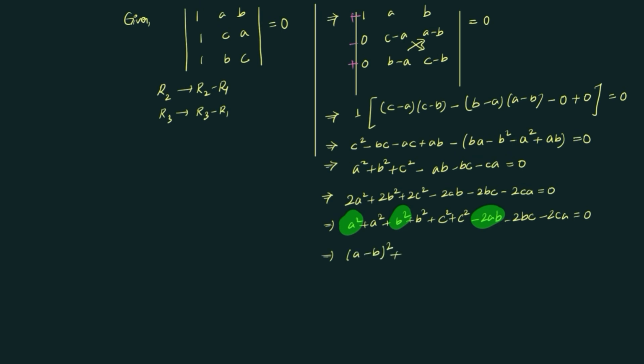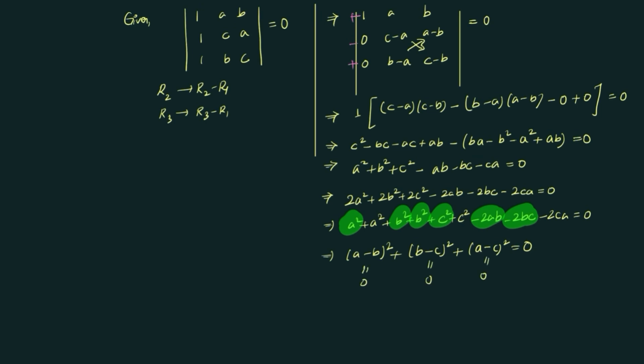Similarly, b square minus 2bc plus c square can be written as b minus c whole square, and the remaining term can be written as c minus a, or a minus c, whole square, equals 0. Now here one important thing: the first term a minus b whole square is positive, the second term is also positive, and the third term is also positive, and all these terms are getting added to 0. This is possible only if the first, second and third terms are equal to 0.